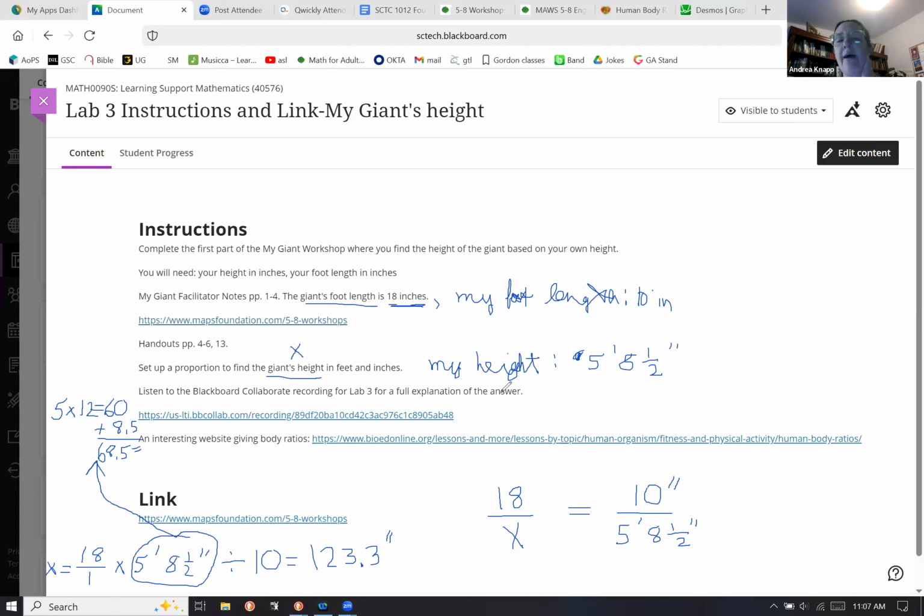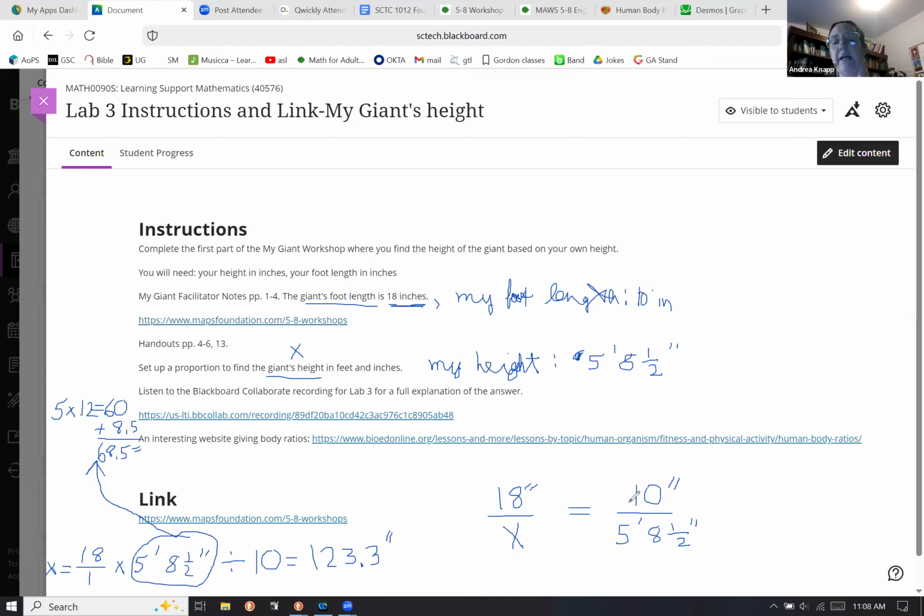So based on that and the assumption that body parts are proportional, we can set up a proportion. If the giant's height we call X, we can say the giant's foot length of 18 inches to the giant's height is equal to my foot length to my height.